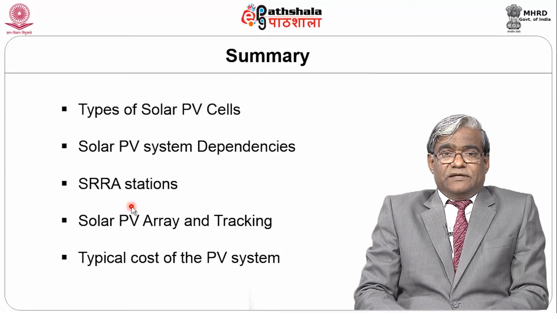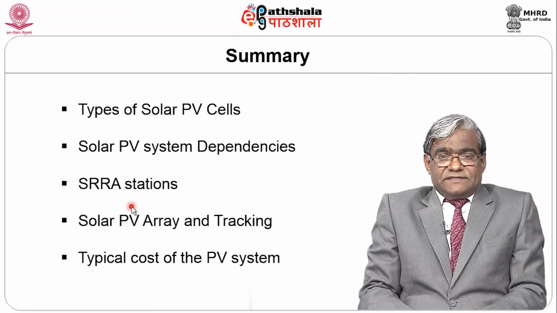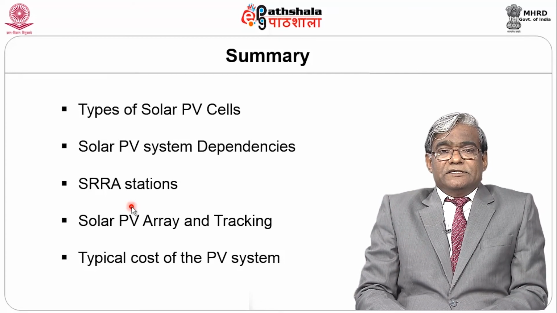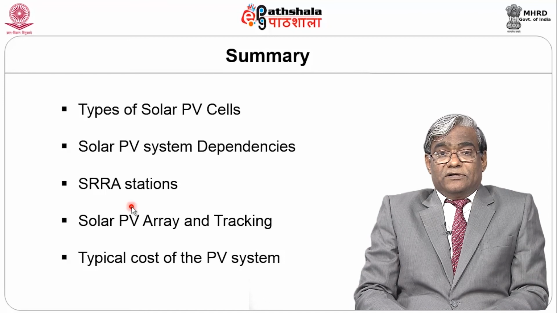It is very flexible. And then we discussed the solar PV system dependencies, and this is most important: selecting the location is most important. All solar systems, PV or any solar thermal system, should face the south direction so that you can get much more efficiency.